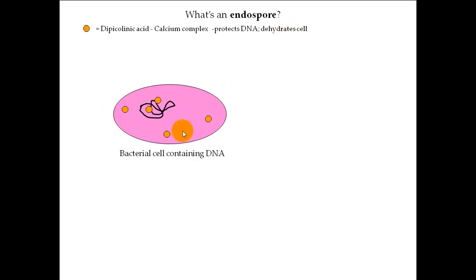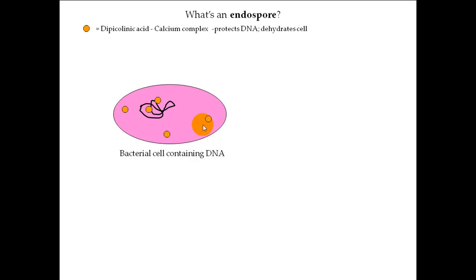Another reason why it's useful to lower the water content inside of a cell that's part of an endospore is because it makes it more difficult for it to get really hot inside of that cell. Remember, one of the reasons why a cell might make an endospore is if it's really dry, really hot. If the cell is somehow able to lower the water content inside of itself, basically, water, if you remember from cell biology or maybe chemistry, is really good at retaining heat.